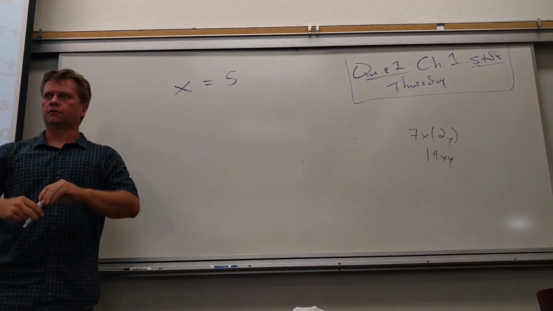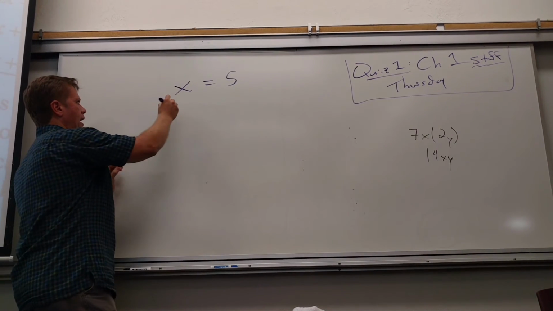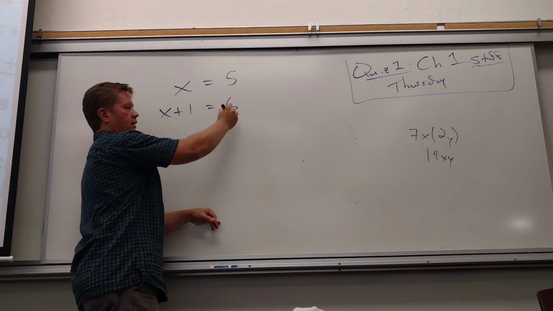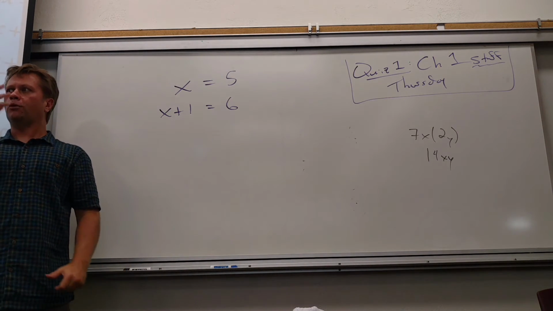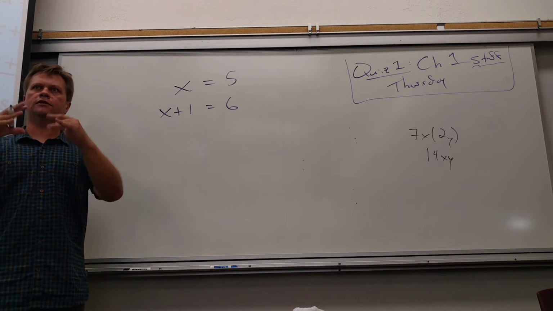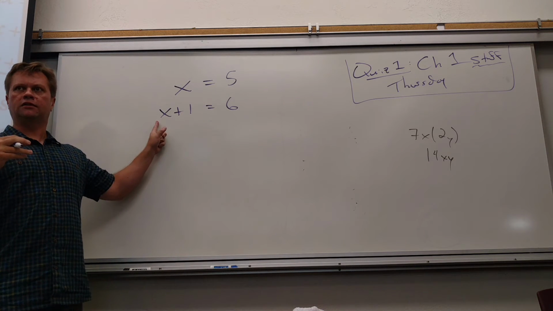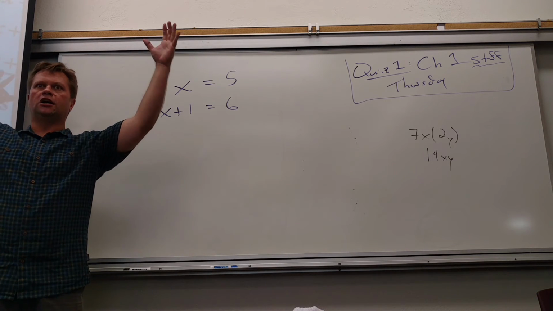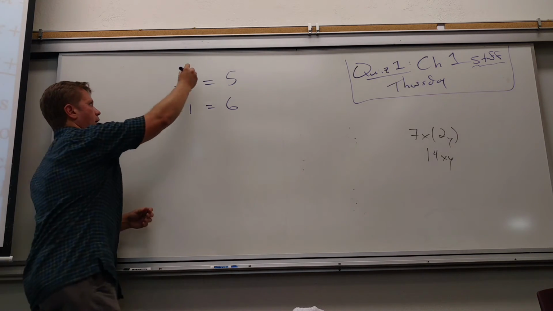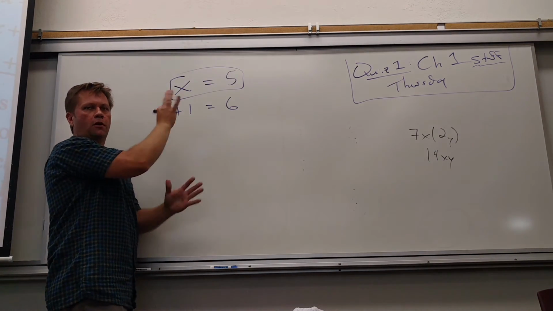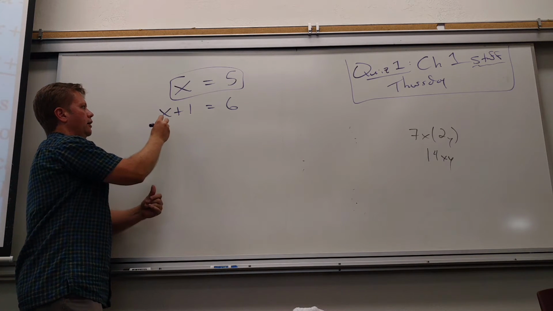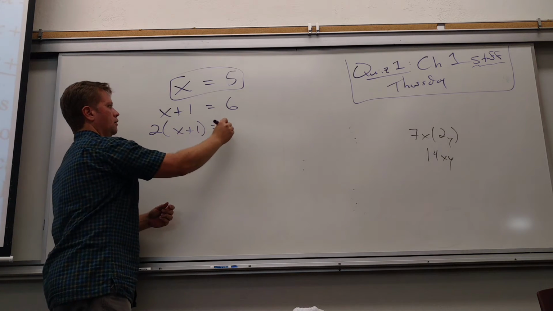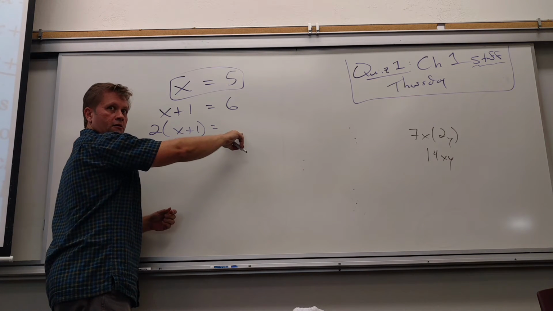If I add 1 to that number, it is now 6. So equations are set up with all this stuff being done to my variable, and my goal is to undo all of it so I can work back to here. Now watch. I could then say, all right, what's 2 times the number then?